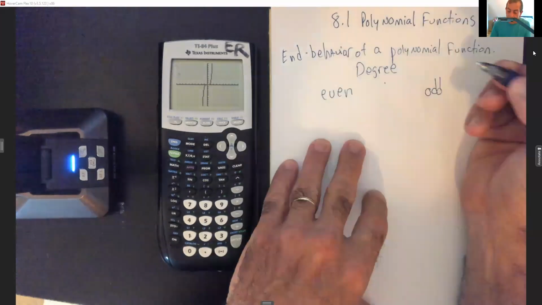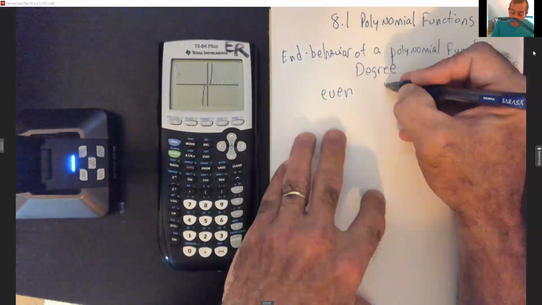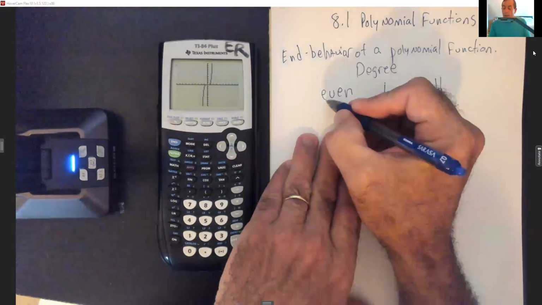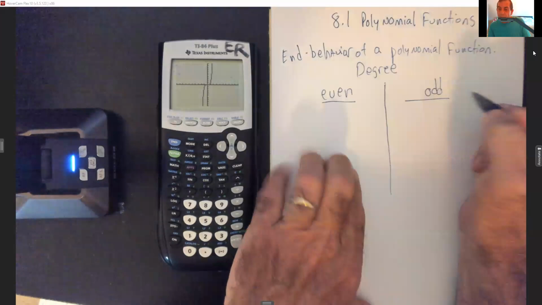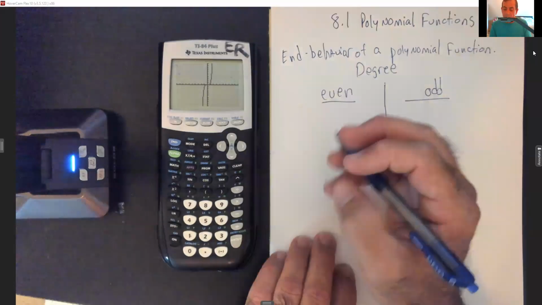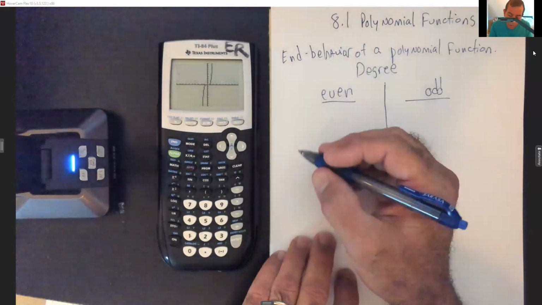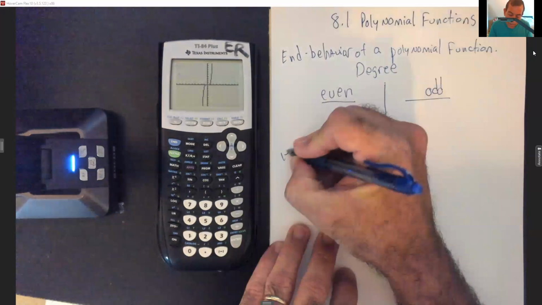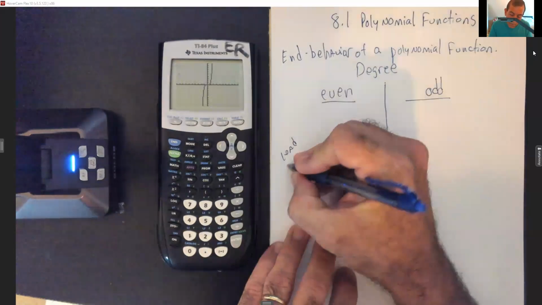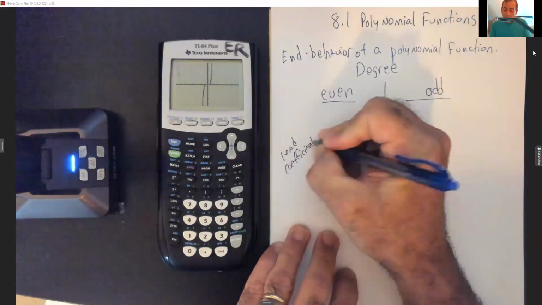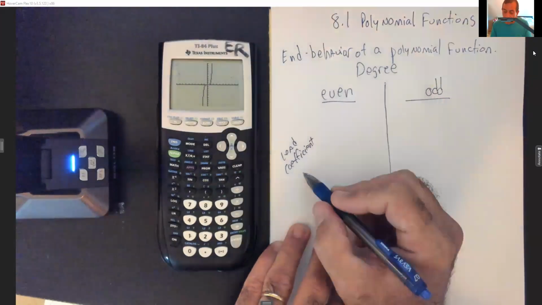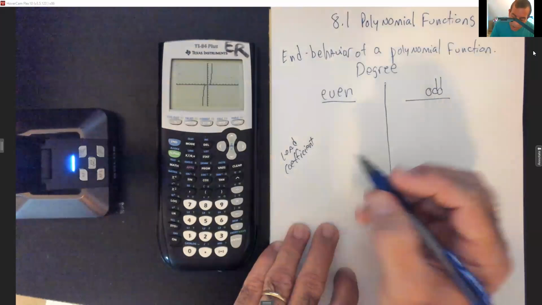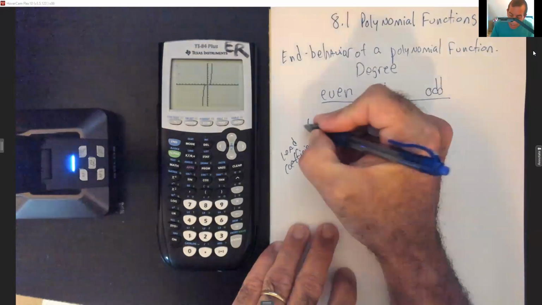So we're going to have even degrees and odd degrees. We're also going to compare the sign of the lead term. So the lead coefficient. And remember, coefficient just means it's the number in front. That lead coefficient can be positive or it can be negative.